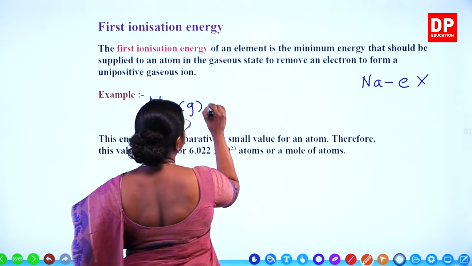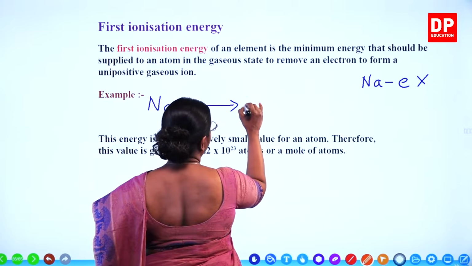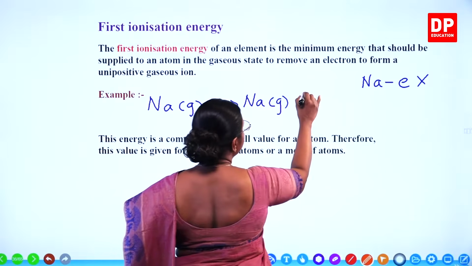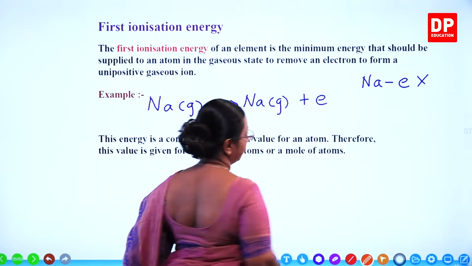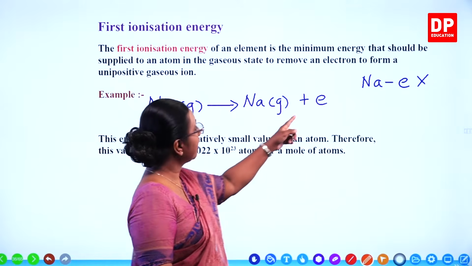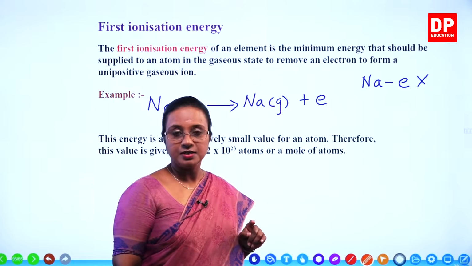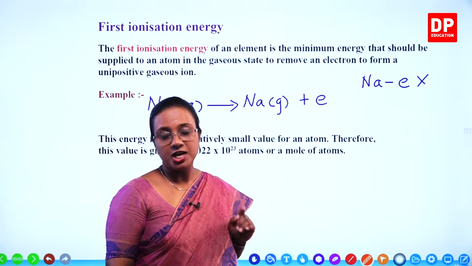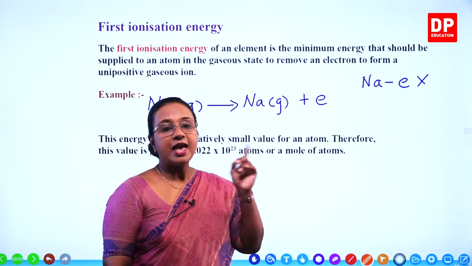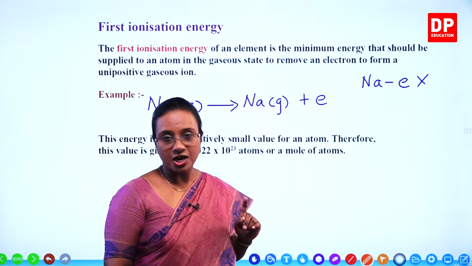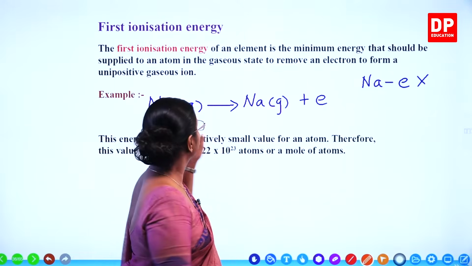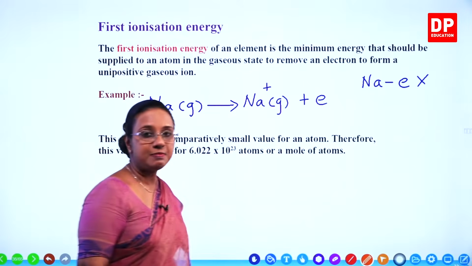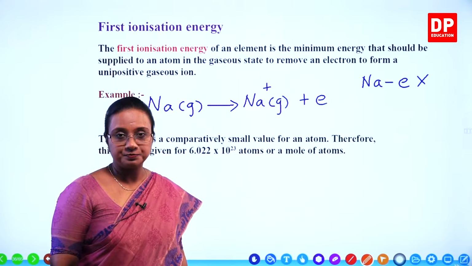So here we write the arrow and write again the sodium plus electron. Because we have removed one electron, sodium has one less negative charge. 11 positive charges and only 10 negative charges. So therefore, the overall atom gets a positive charge and becomes an ion.